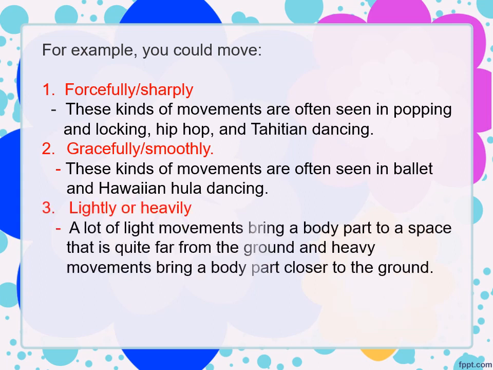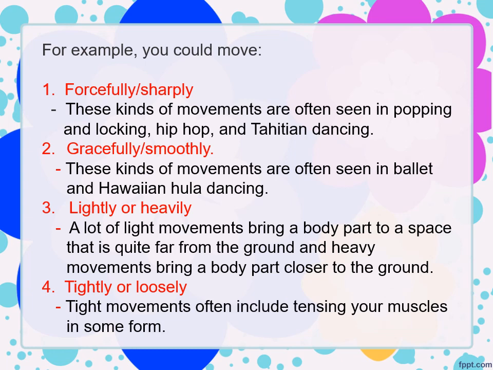Lightly or heavily. Light movements bring a body part to a space that is quite far from the ground, and heavy movements bring a body part closer to the ground. Tightly or loosely. Tight movements often include tensing your muscles in some form.